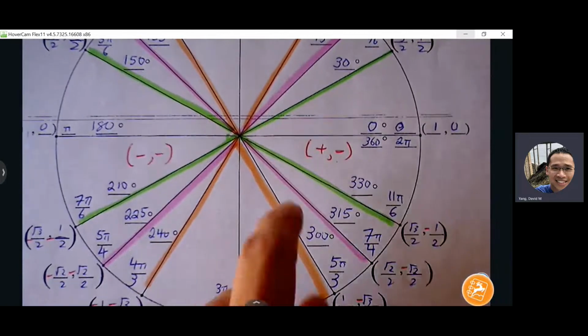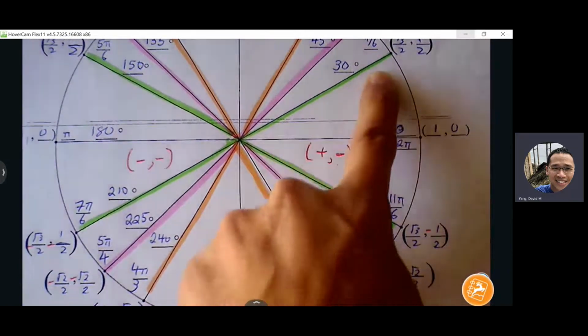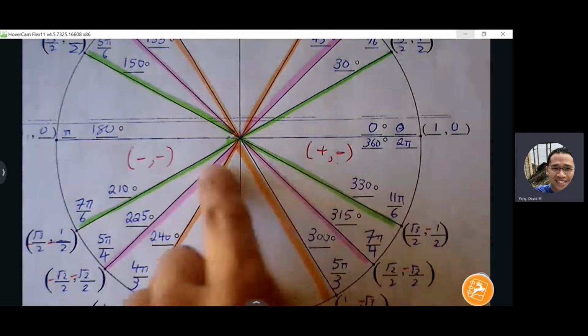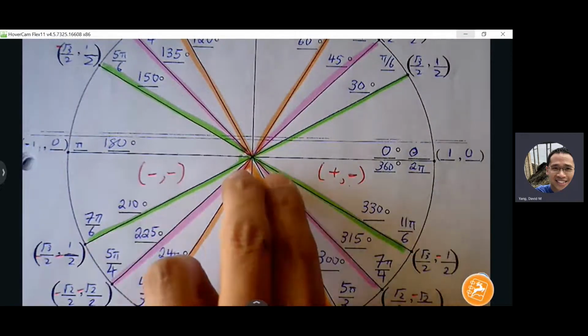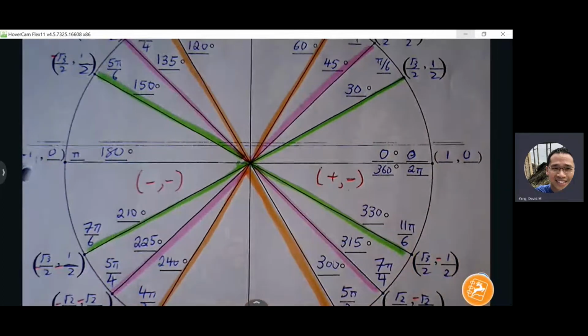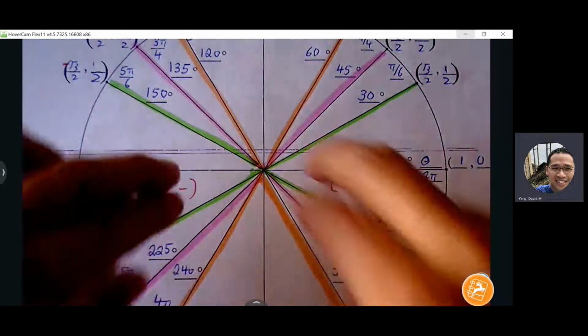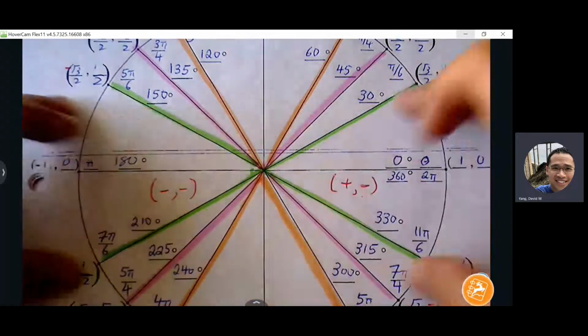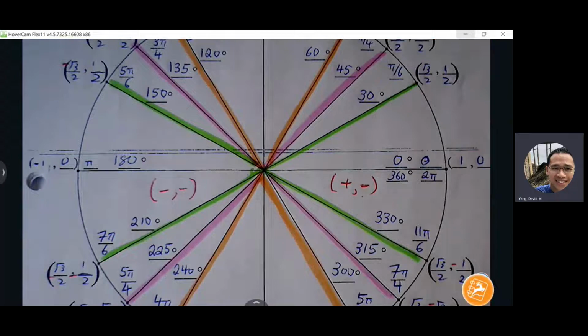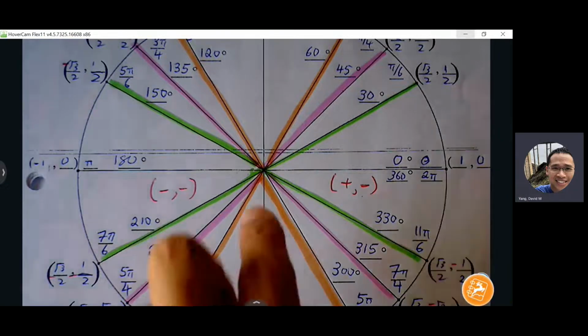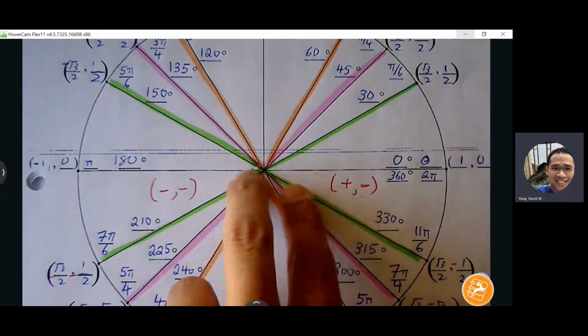A reference angle is for our coterminal angles, where they're the same degree measure or radian measure away from the x-axis. So all the angles here that I color coded in green, those are all related. They all have reference angles of 30 degrees because they're all 30 degrees away from the x-axis.